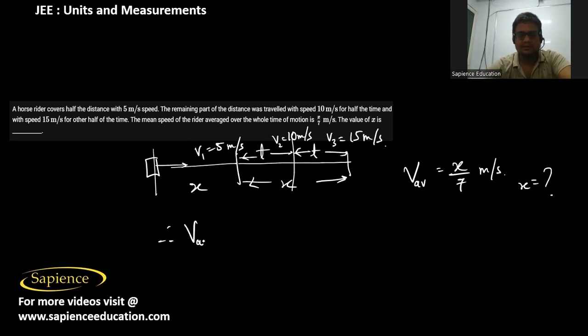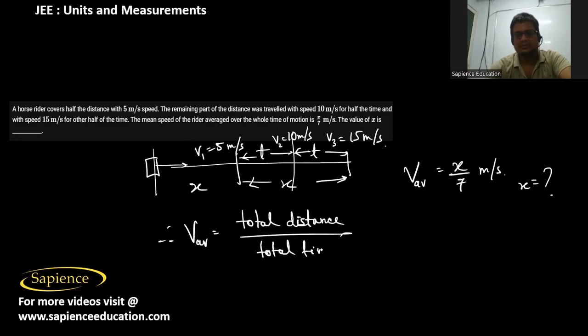Now, the average speed will be equal to the total distance covered divided by the total time taken. So the total distance, here this x I can tell is v2 into t plus v3 into t.